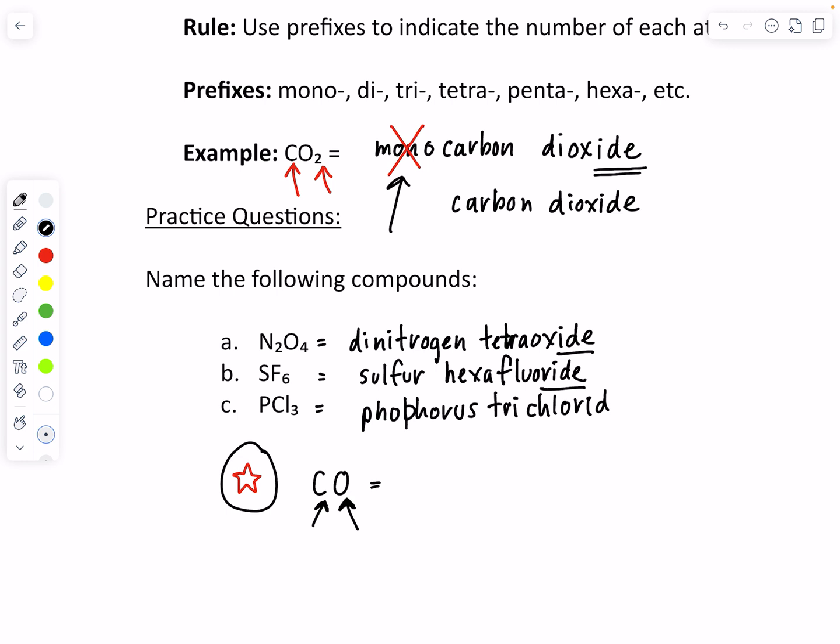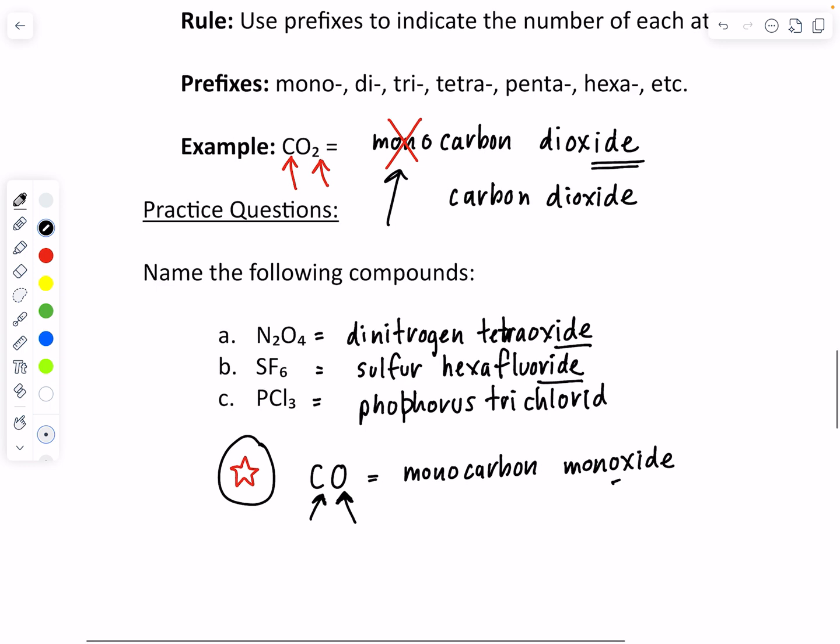The way we write this would be monocarbon monoxide, or monooxide. We don't write a double O. But when this happens, we ignore the first mono, so we just write carbon monoxide. So we add mono only when mono should be used in both elements, but we ignore it for the first and only use it in the second.